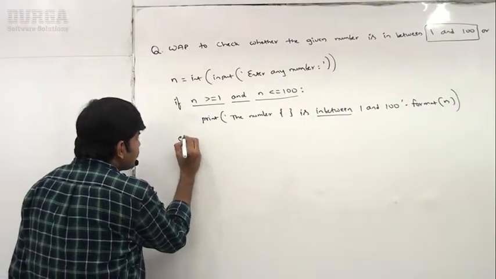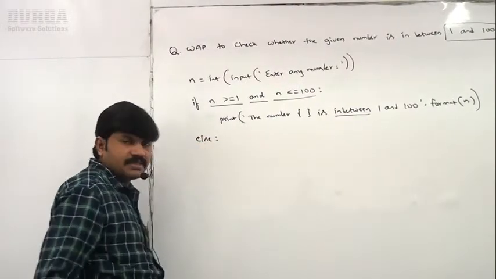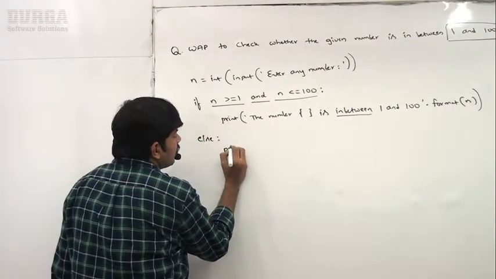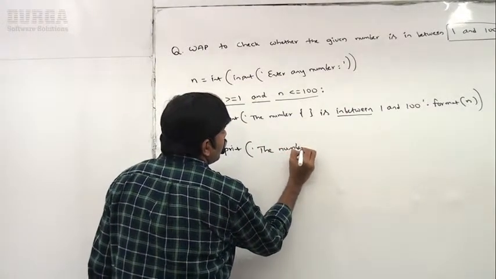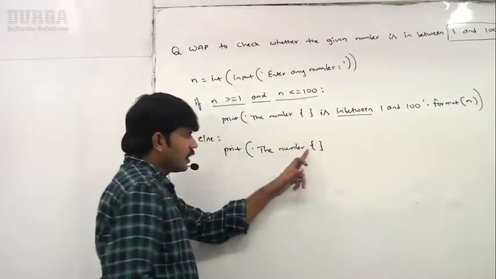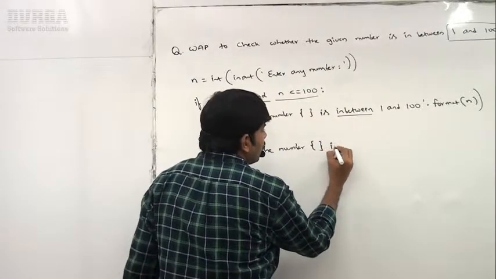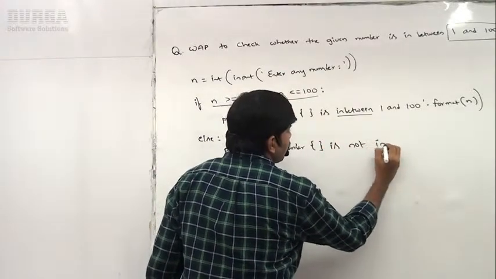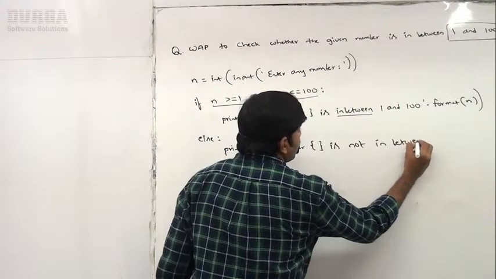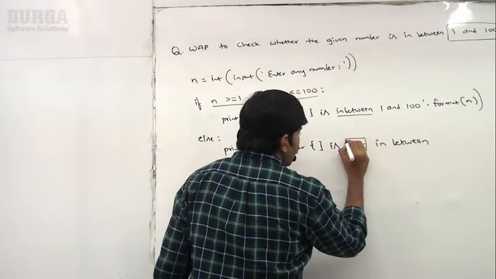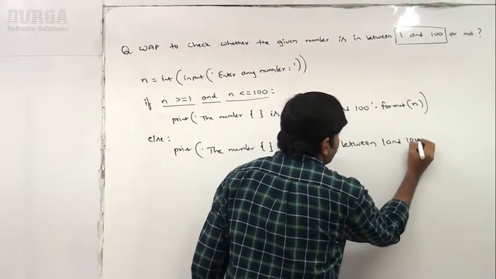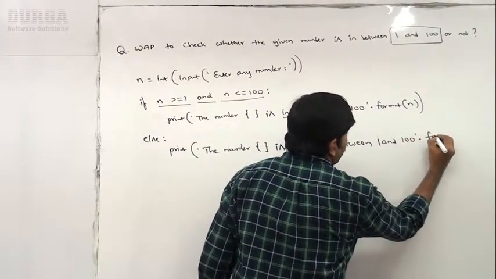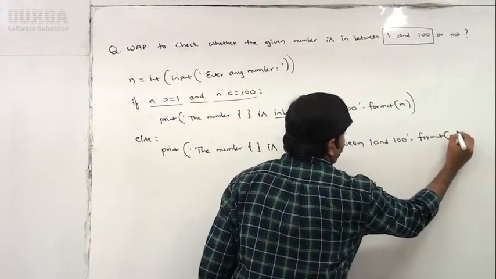Else, if this condition is not satisfied, print "The number {} is not in between 1 and 100", again with the replacement operator and .format.